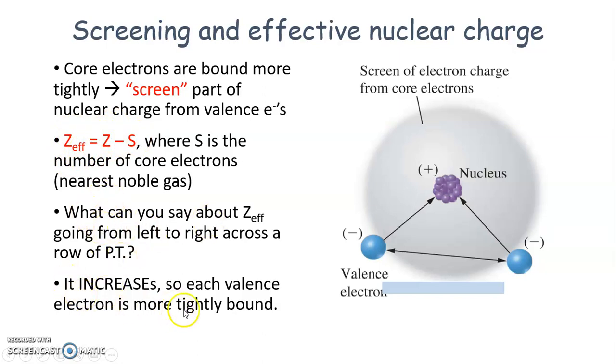And so what that means is that each valence electron is more tightly bound to the nucleus, and hence they're pulled in closer. So as you saw in your periodic trends group activity, the atomic radius decreases. Those valence electrons get pulled in and held more tightly, and so you get a smaller atom than when you have a lower effective nuclear charge.